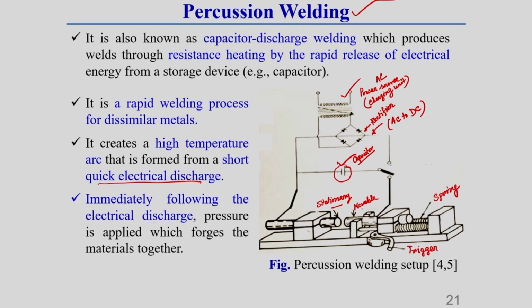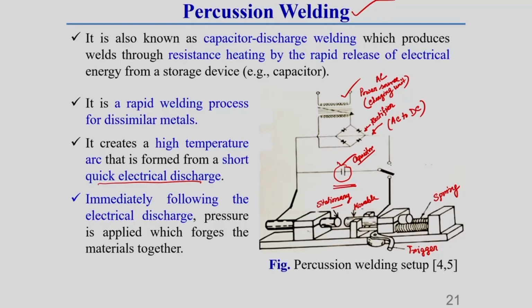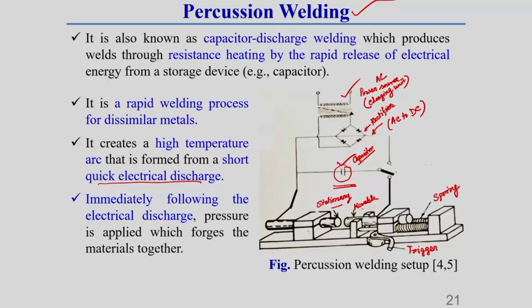Just I am showing here a complete setup of the percussion type of welding process. Okay. Now here you see what things are required. Here we have to store the power in a capacitor, that is called an electrostatic capacitor. This also you should keep in mind. Electrostatic capacitor means the electric energy is stored here. It has a two-way switch.